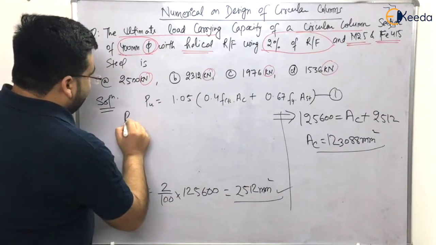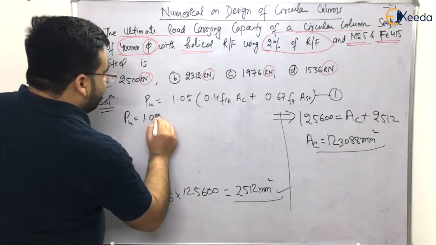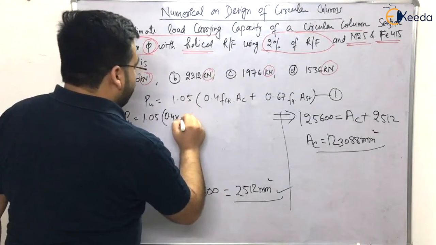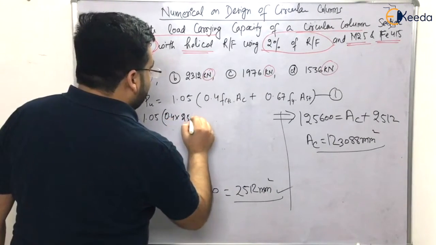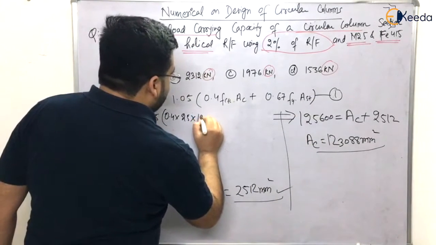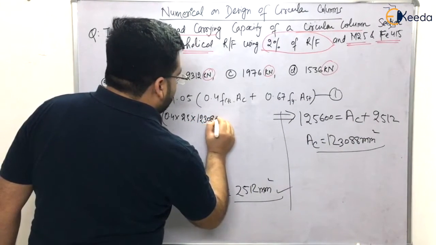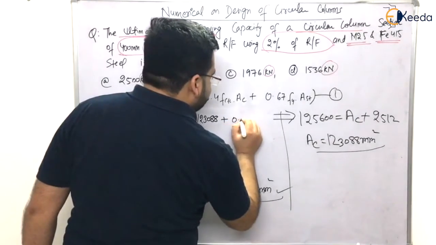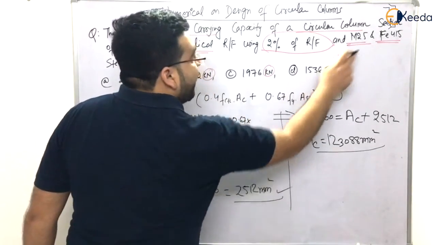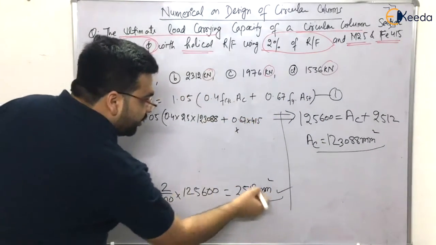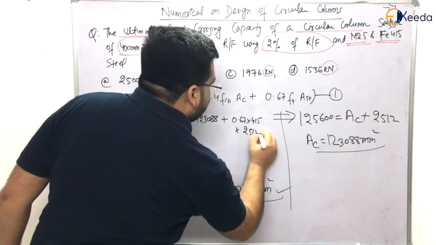So Pu will be equal to 1.05 times 0.4 into fck, which is 25, not 20, 25, into area of concrete, 123088, plus 0.67 into fy, which is 415, into area of steel, 2512.